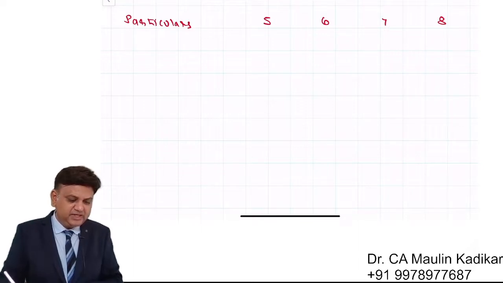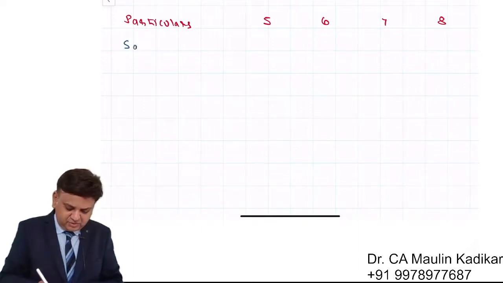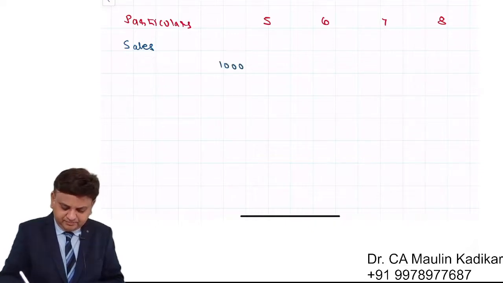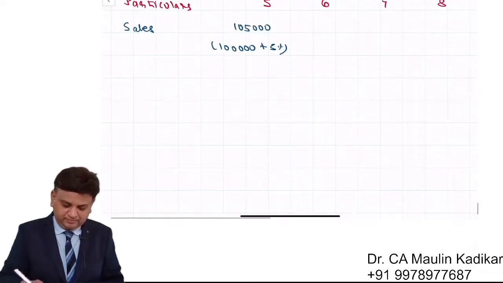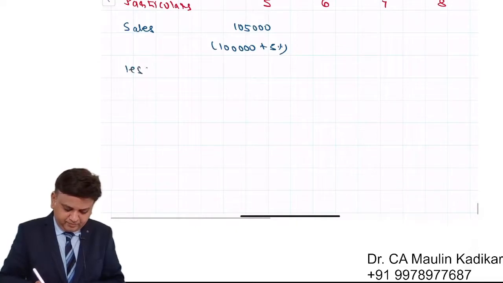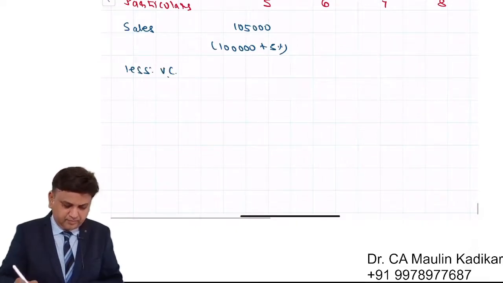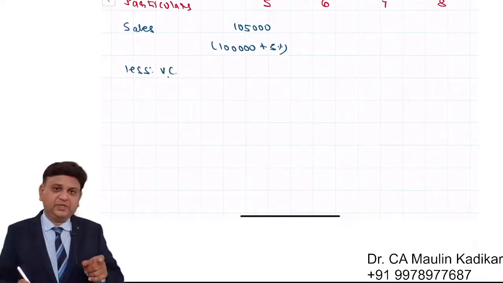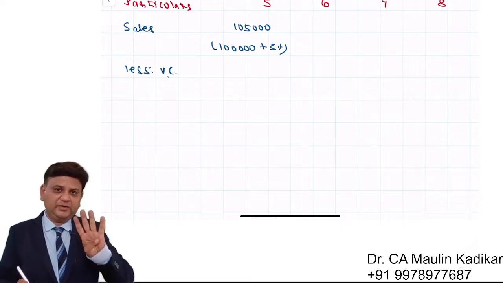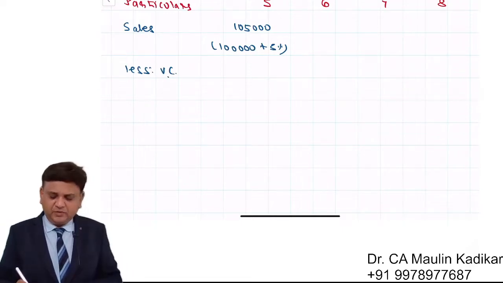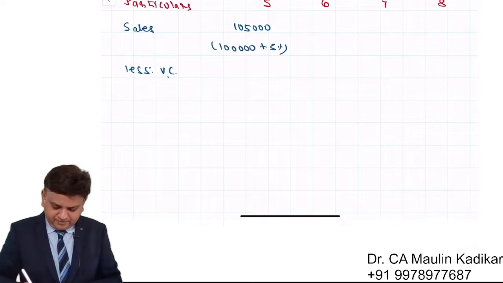Sales of the company are increasing by 5%. Sales is right now 1 lakh plus 5%, 1,05,000. Profit volume ratio is 60%, so the variable cost is 40%, 40,000.